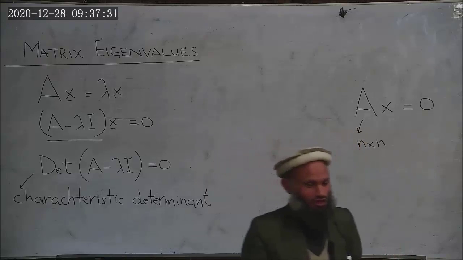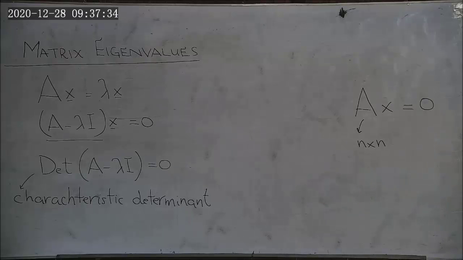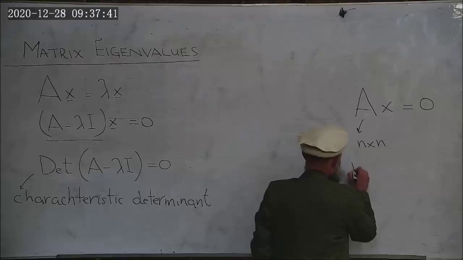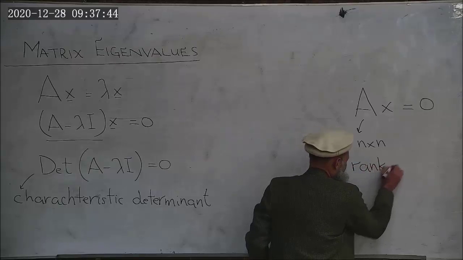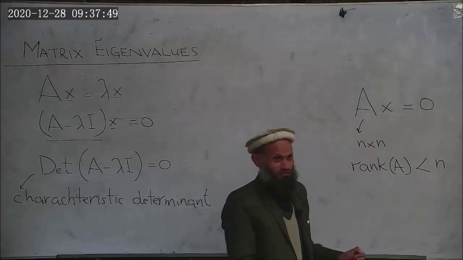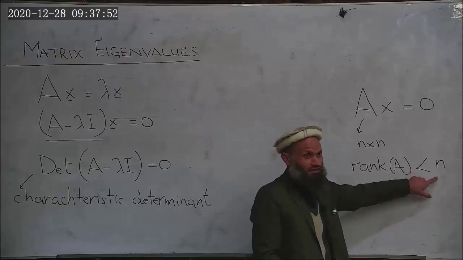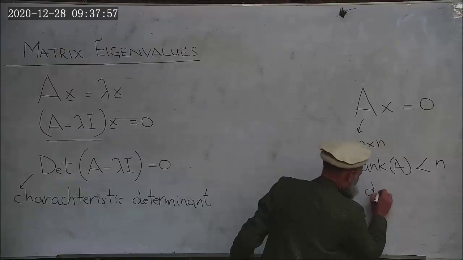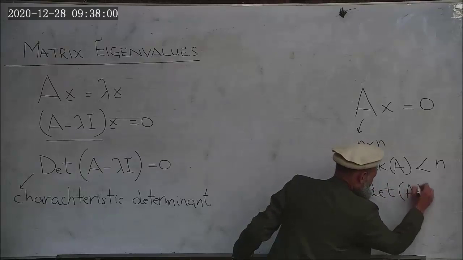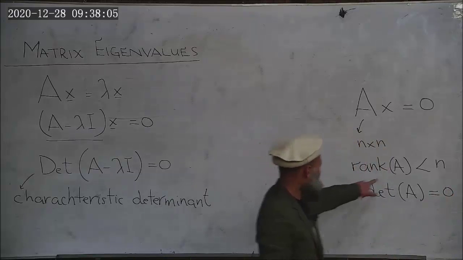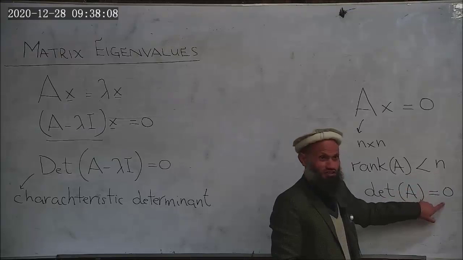When would a non-trivial solution exist? A non-trivial solution exists if the rank of this matrix A is less than n. Rank less than n means that determinant of matrix A is equal to 0. Why? If rank is less than n, why is determinant equal to 0?